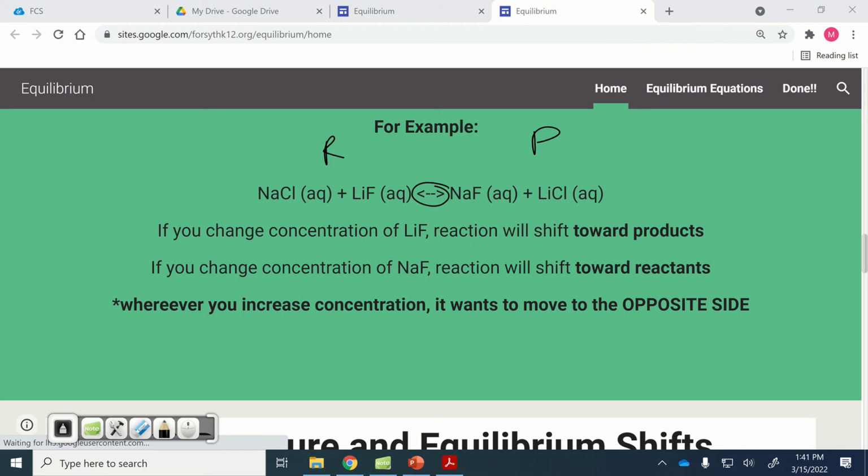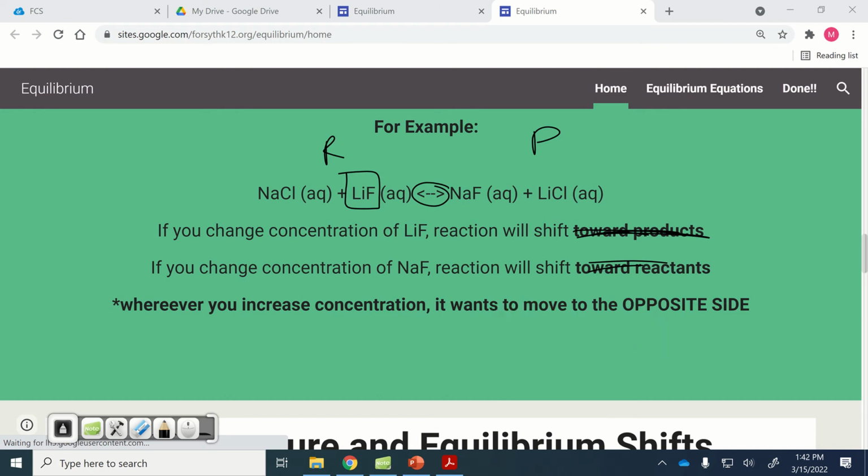When I mess with concentration, I basically shift the reaction to the opposite side. So you can see what I have written here. Sorry, I'm going to make an adjustment here. If we change the concentration of LiF, I have to correct something. I apologize, I'm not going to go back and restart the video.